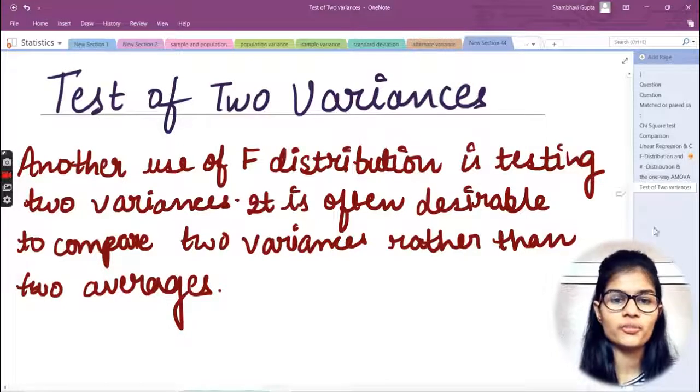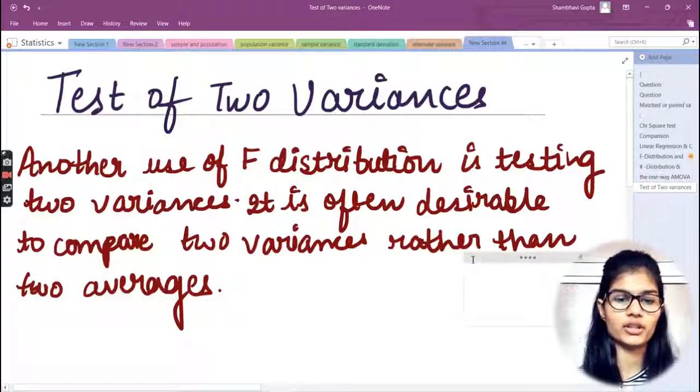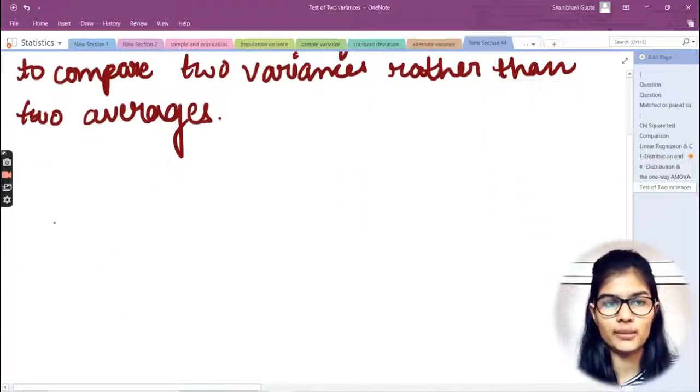Now, in order to perform an F test of variances, what are the important things that need to be kept in mind?